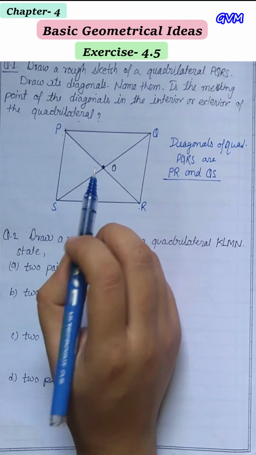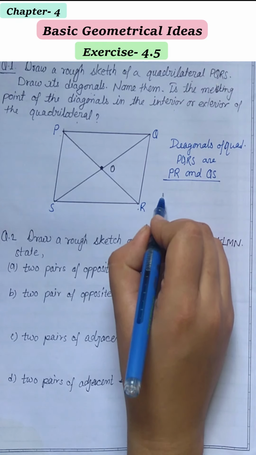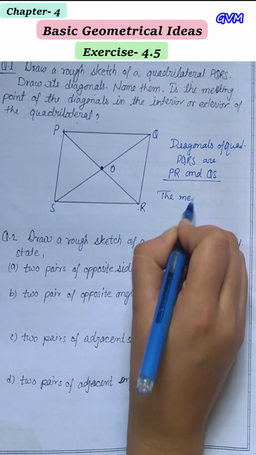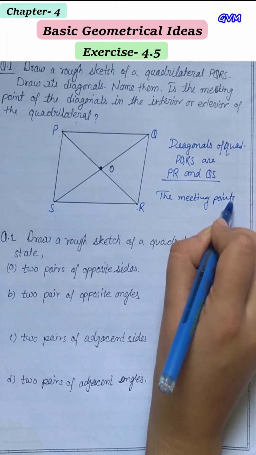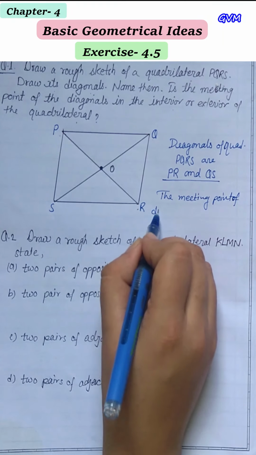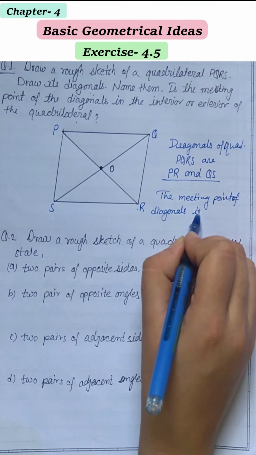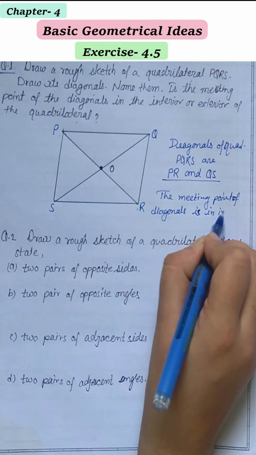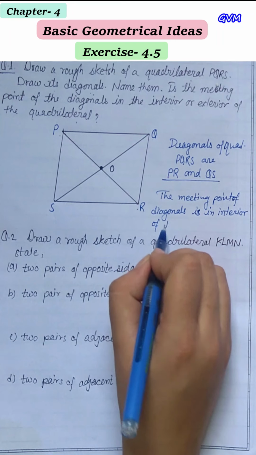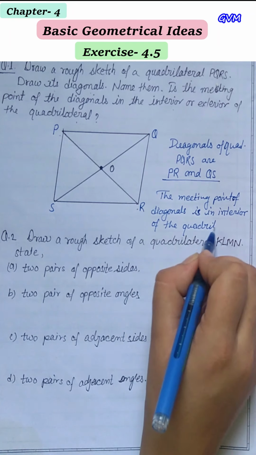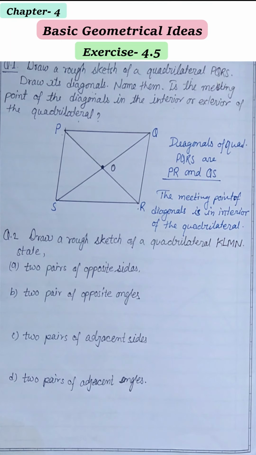That means the meeting point of the diagonals lies in the interior of the quadrilateral. Okay, so this is your first question.